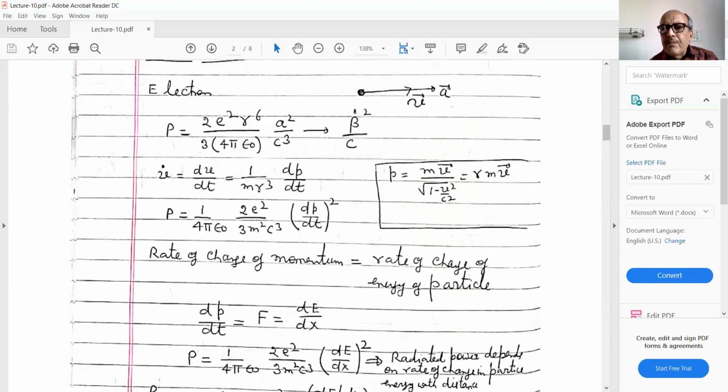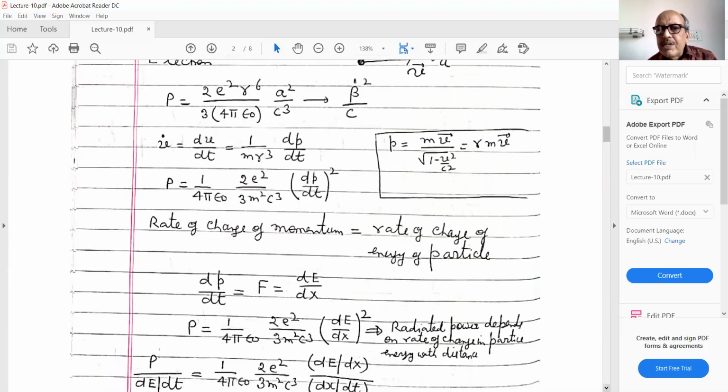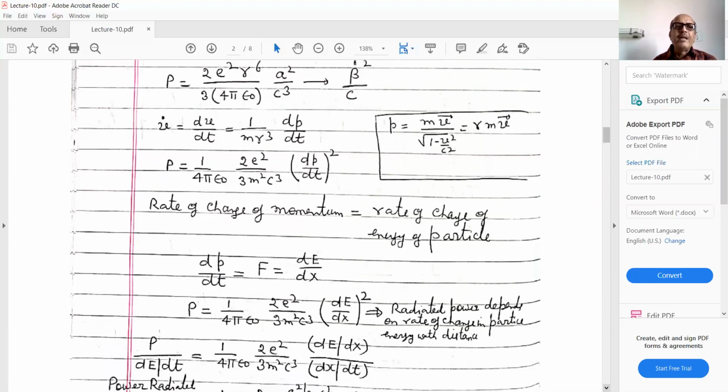So the formula for the power radiated now becomes P is equal to 1 upon 4 pi epsilon 0 into 2e square upon 3 m square c cube, and then (dE upon dx) whole square. So this formula tells us that the radiated power depends upon the rate of change in the particle's energy with distance.